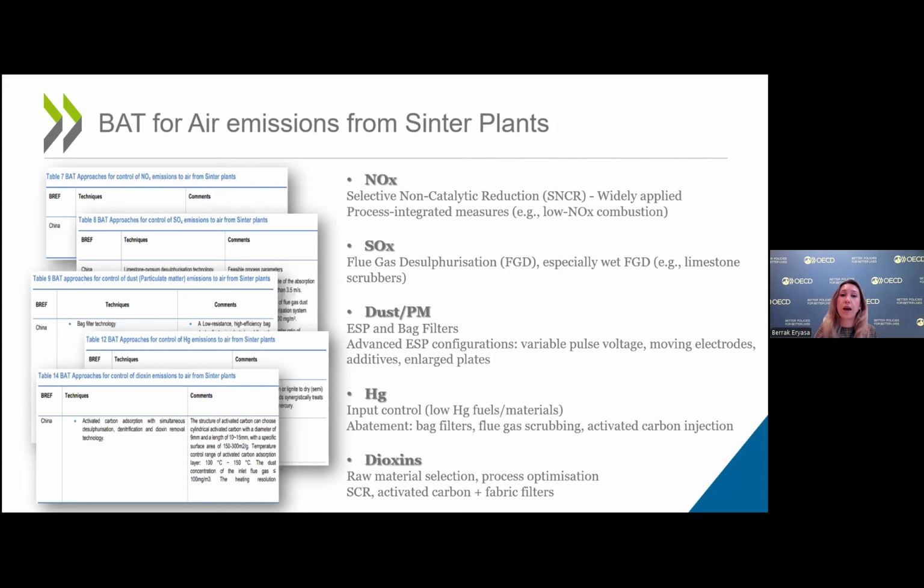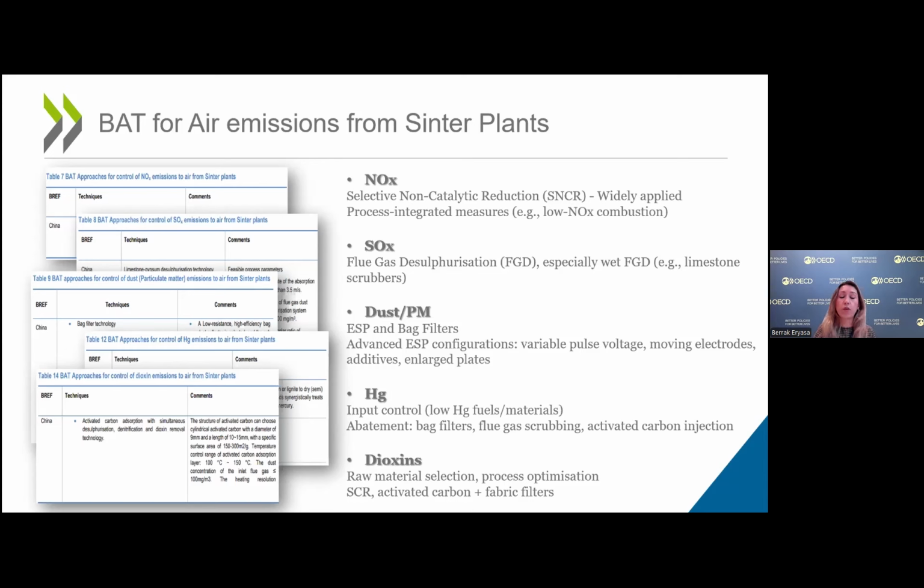For nitrogen oxides, selective non-catalytic reduction, SNCR, was commonly and widely applied, and there were also promotions of process integrated measures. For the SOx emissions, there were mentions of flue gas desulfurization, especially wet FGDs. For dust or particulate matter emission prevention, bag filters as well as ESPs were commonly noted.